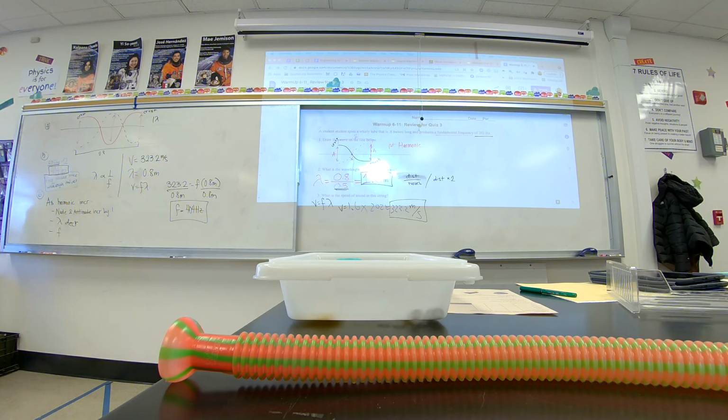Increases. And then this is a concept that I want you to understand. My musicians already know this. As my frequency increases, what happens to my pitch? Also increases. Questions?